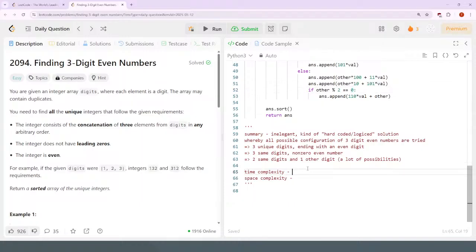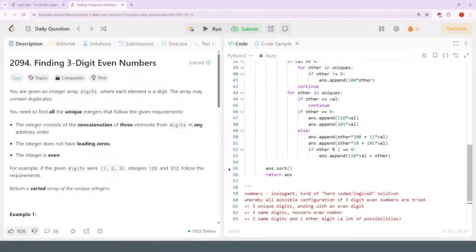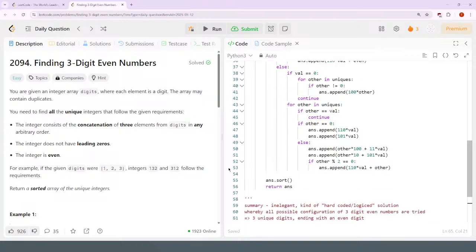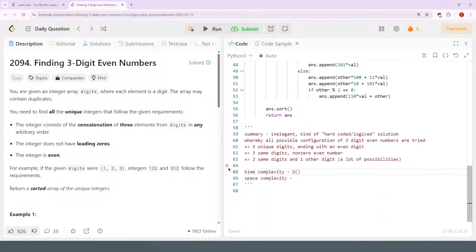Time complexity, this is going to be O of... what is the time complexity of this? Because you have a set amount, the question is how many digits you're dealing with. If you had n digits, then this scales with that.